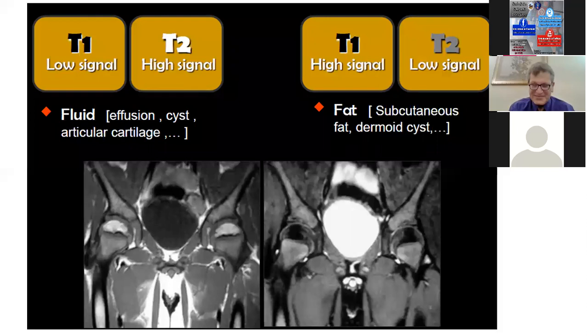In T1, it will be low. But fat in T1 will be high signal. It takes a short time to return, so it will be more bright. And vice versa for T2. The long time shows the effusion more bright, and the subcutaneous fat, and air will be low signal, black.